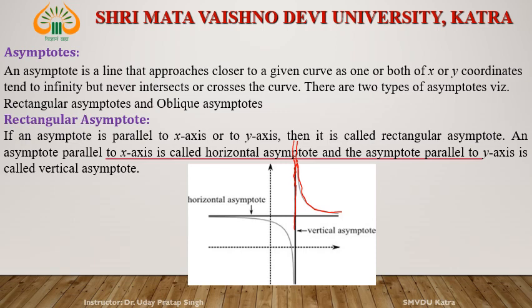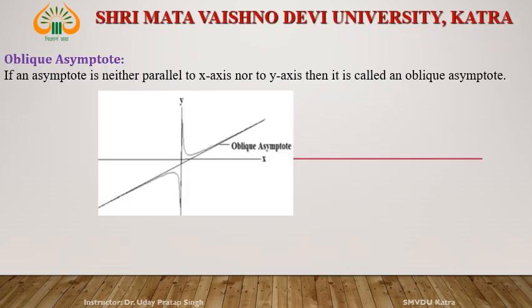Let us see the methods by example. An asymptote which is not a rectangular asymptote is known as an oblique asymptote, that is, an asymptote neither parallel to the x-axis nor the y-axis.